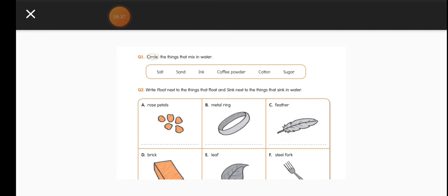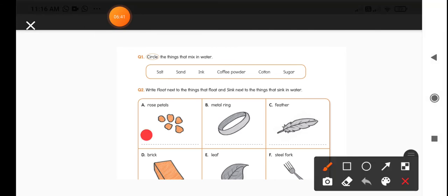So rose petals float, definitely they float on the water, whereas a metal ring sinks in the water. A feather floats in the water, things which are light in weight will float, and brick sinks, leaf floats, steel fork sinks.